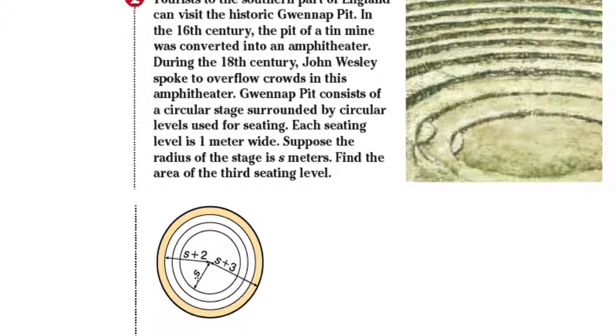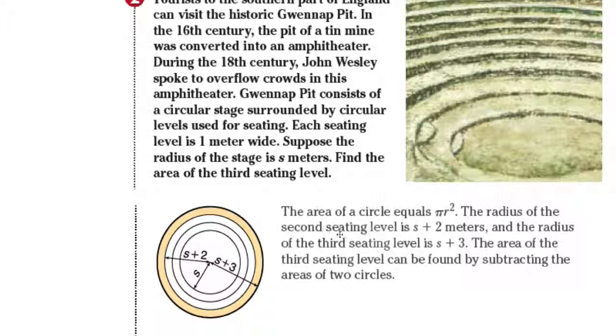Find the area of the third seating level. So if this is s meters, this would be s plus 2, the radius, and the third would be s plus 3.